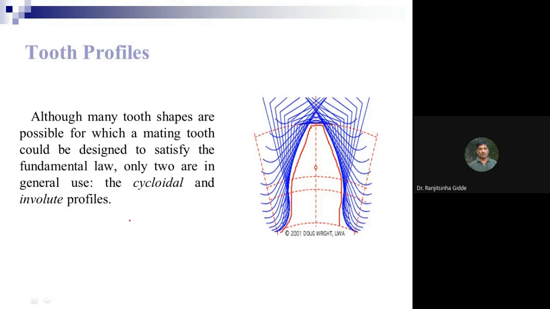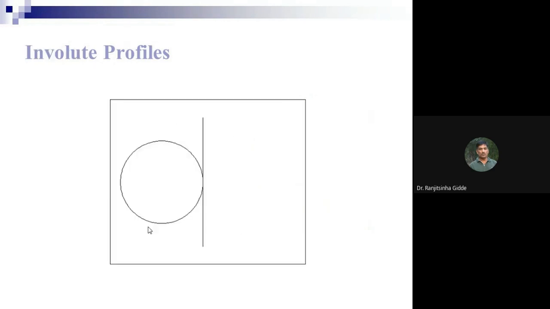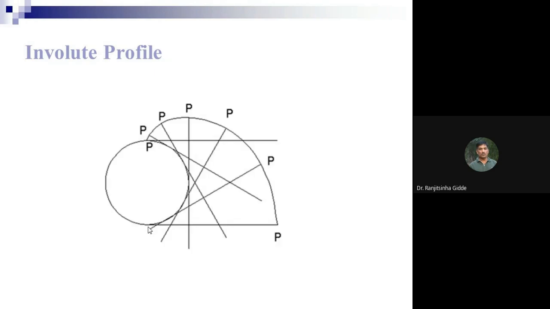Now first of all we'll check what the involute profile is. So the definition with respect to this, you might have already studied in your diploma. So what is an involute? It is the locus of a point on a straight line which rolls on the circumference of a circle without slipping, right?